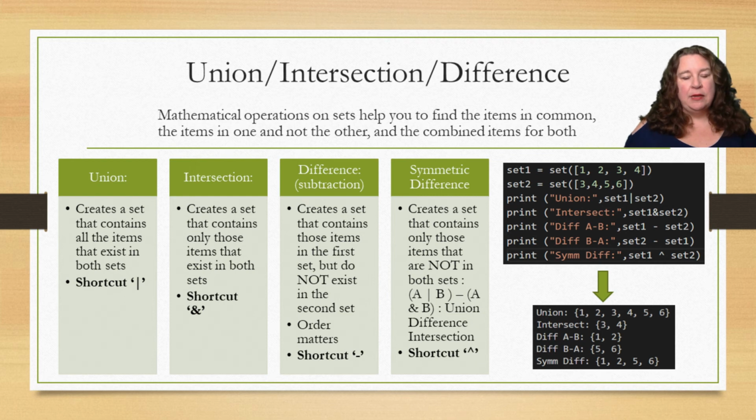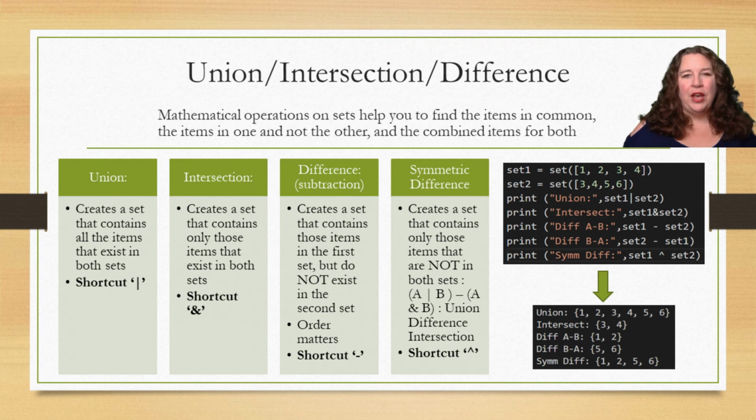But that symbol is the OR union symbol, which says give me all of the items from both sets. So I can say given set 1 and set 2, give me the union of the 2, and that will allow me to get all of the items that are in both of them. You can also use set 1 dot union with set 2, and that works as well, but I find that the shortcuts work really well. I like those. They make my code smaller.